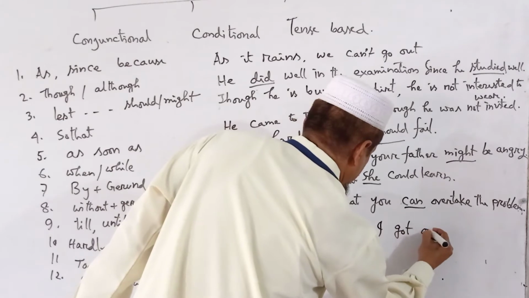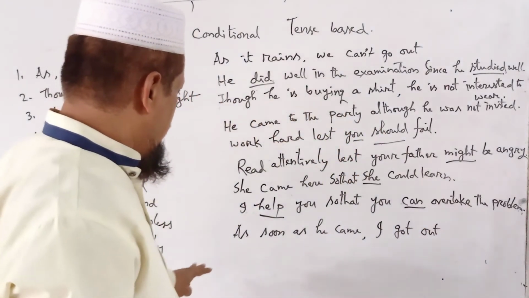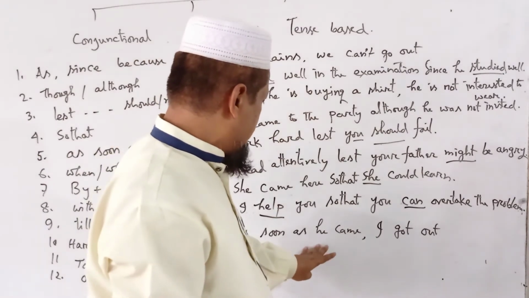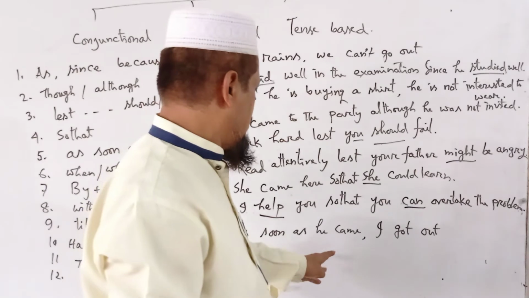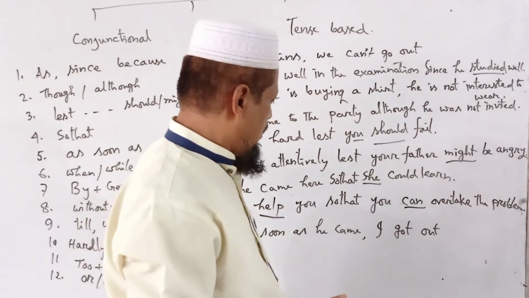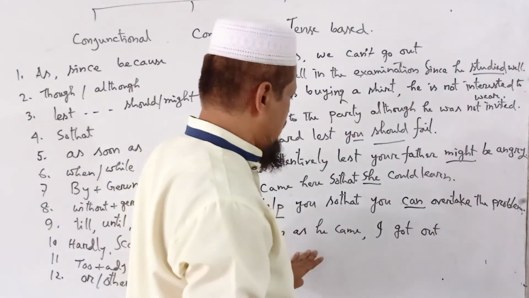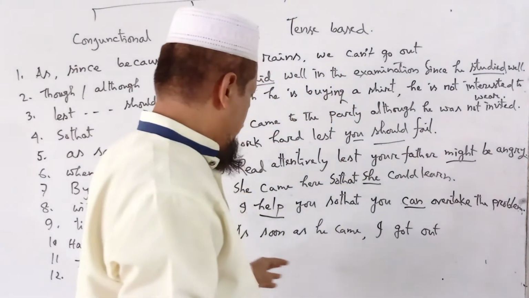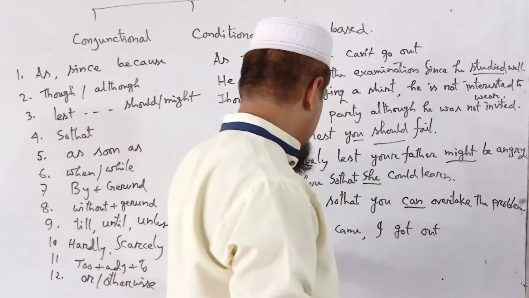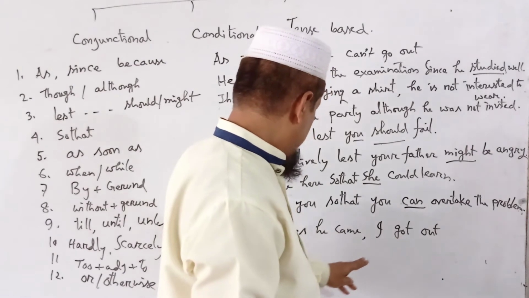If as soon as is connected to the first clause, that tense form would be the first form. Then to complete this type of sentence, you will add another first form. But it depends on the meaning of the first clause. As soon as he came, I got out.